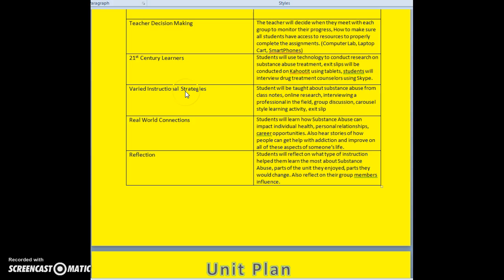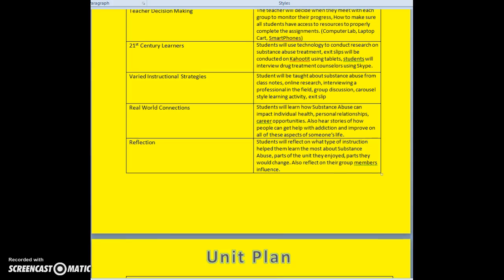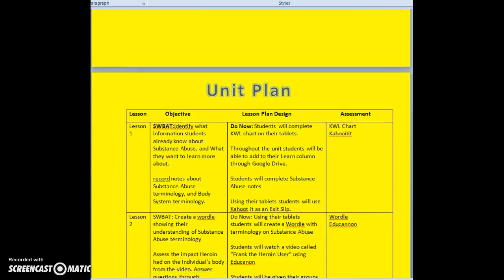Varied instruction models and strategies, real-world connection, why is this important, why are we learning about this, and then reflecting. Students are going to reflect, and this is going to be done with group members who they've worked with, and then also reflect on student performance.